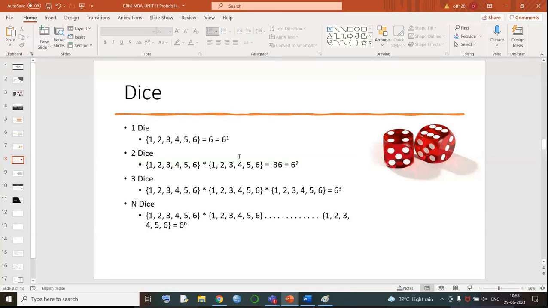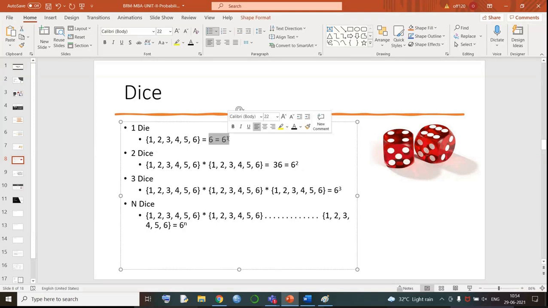Total number of exhaustive outcomes is these values. And the outcomes which are there in the brackets are called the sample space. Am I clear? So, 1 die, 2 dice, 3 dice, and n dice. These are the total number of exhaustive cases. This is the denominator of any problem which is existing.